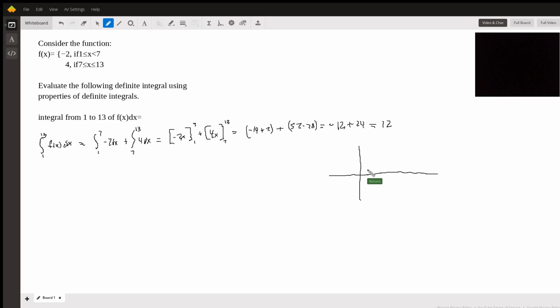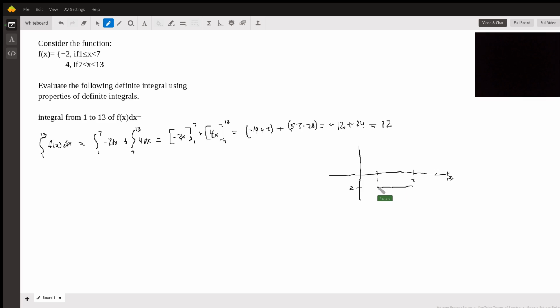So the function's defined, the domain is from 1 to 13. Here's 1, this is 7, and then this is 13 here. And the function has a value of negative 2 from 1 to 7. So this will be a 2 here. It's a piecewise function.